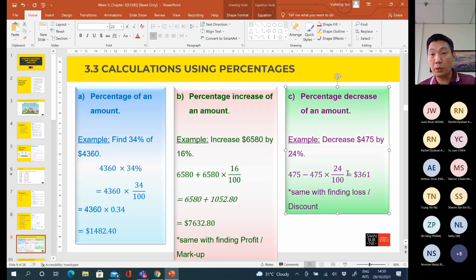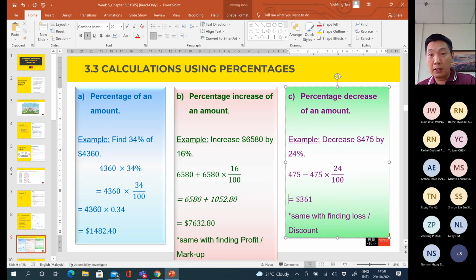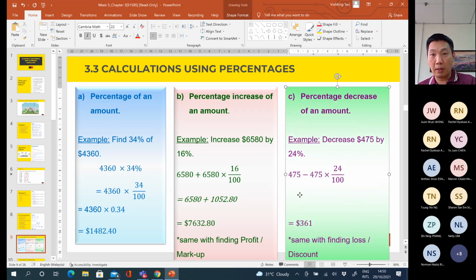Okay, so you can show the working step by step. So this should be 475 plus 114. 114 is because of this term. Oh no, this should be minus. So you'll get $361, let's say. If the unit is in dollars, we have to put the dollar sign.